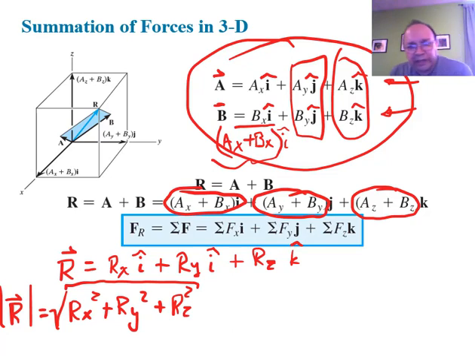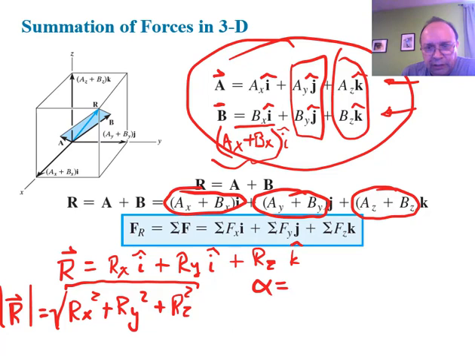And if you want the angles that this resultant makes with respect to the axes, which are the direction angles, then you can get them using the direction cosines.